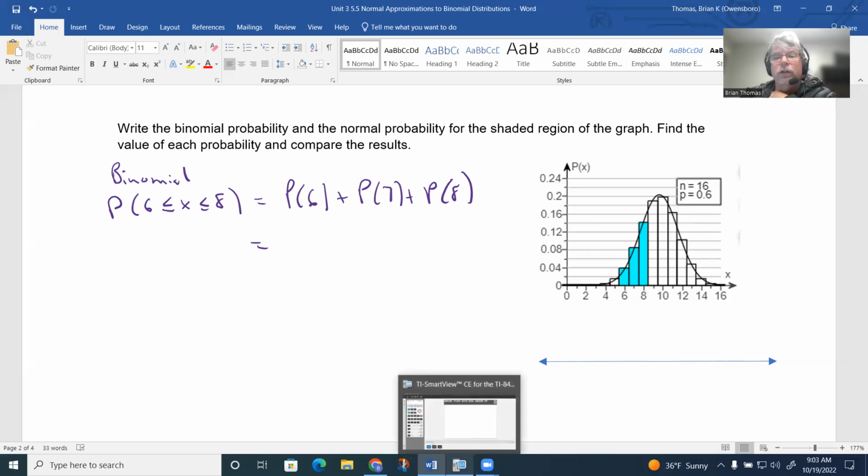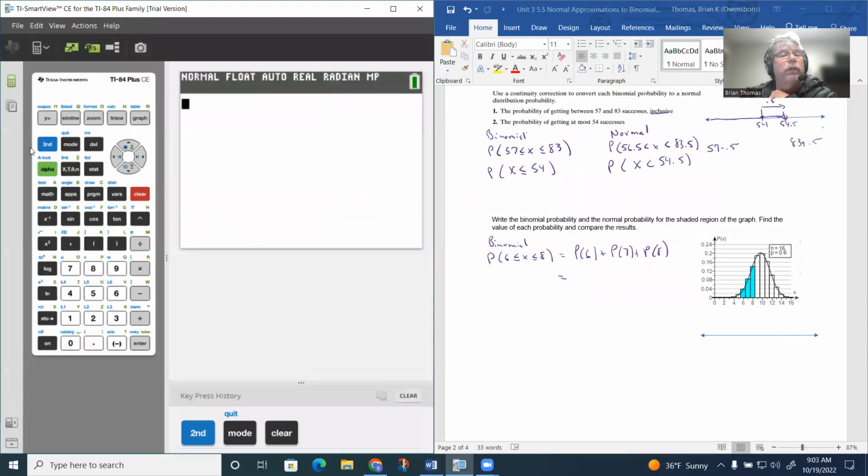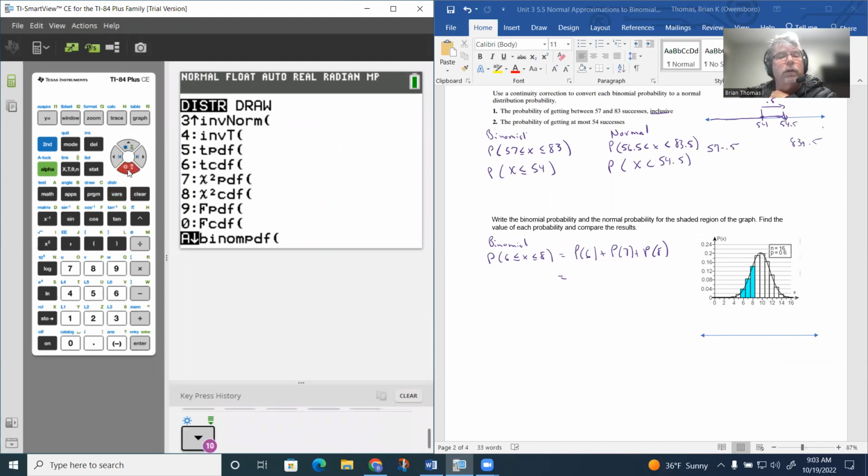So using our calculator, I have to slide this over and then get the calculator up. So remember, distributions is above vars, second distribution, and I want the binomial one. That's down here, binomial PDF. That's the binomial probability distribution function.